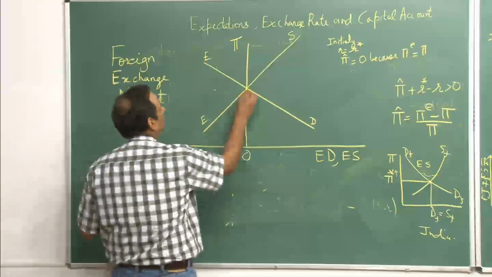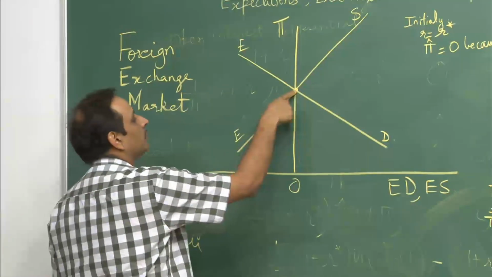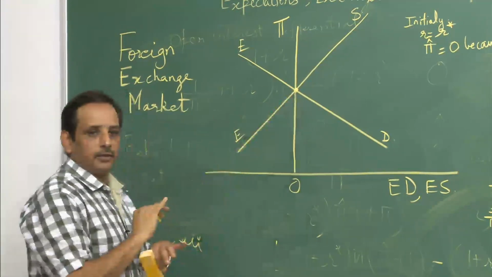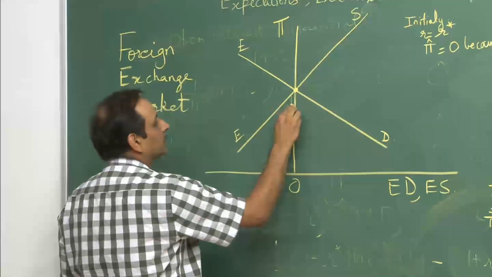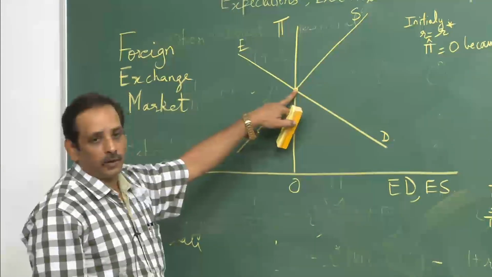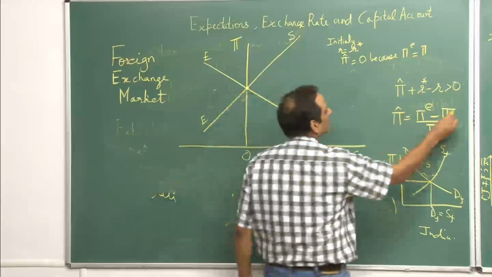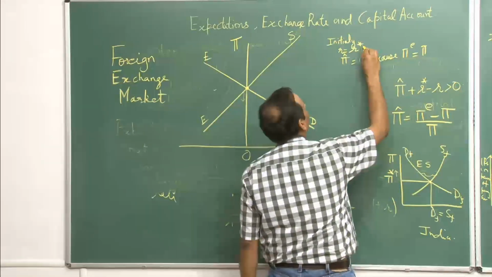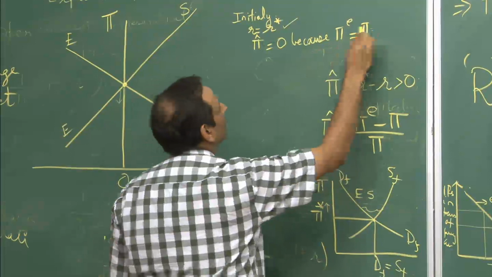So, think of a situation where pi is this, where ED is equal to ES is equal to 0, there is full equilibrium. If pi goes below this point, see what happens. Initially, you had r equal to r star, and pi hat had to be equal to 0 because pi e was equal to pi.